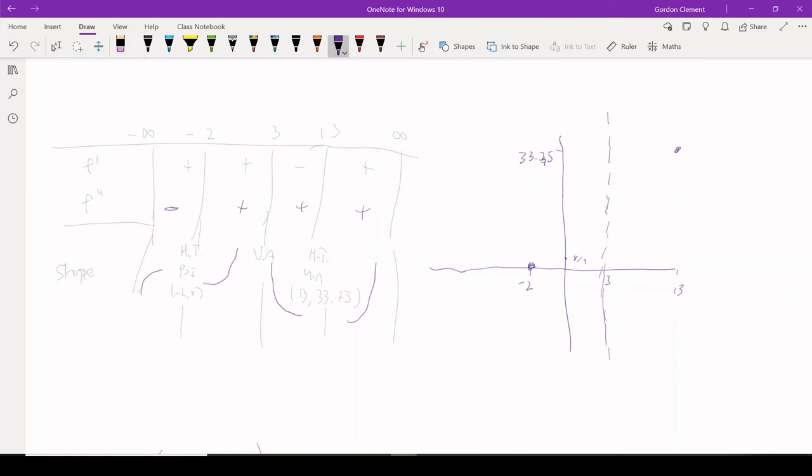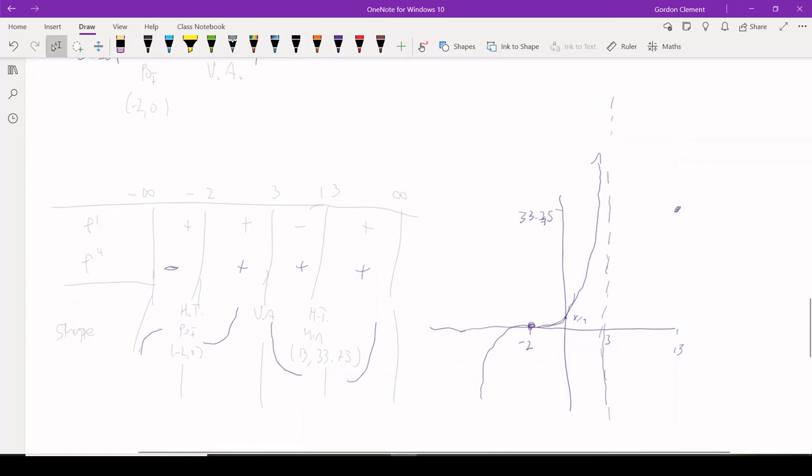So we're going to have this shape and flatten out at that x-intercept, horizontal tangent. We're going to switch to this shape, go through our y-intercept, come out of that flat, and all the way up. Then we're going to come off the vertical asymptote with the other shape there.